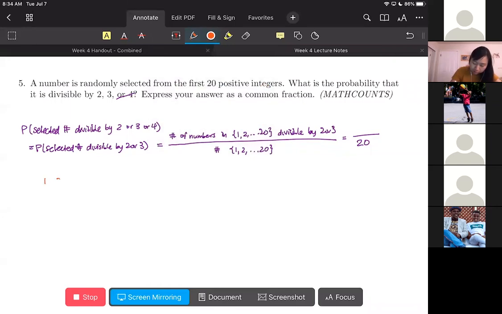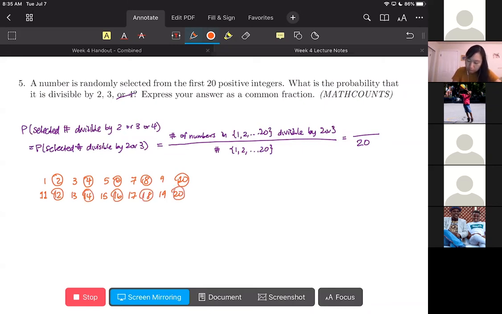So we have 1, 2, 3, 4, 5, 6, 7, 8, 9, 10, and then 11, 12, 13, 14, 15, 16, 17, 18, 19, 20. So we could say circle all the ones that are divisible by 2. That's 2, 4, 6, 8, 10, 12, 14, 16, 18, 20.